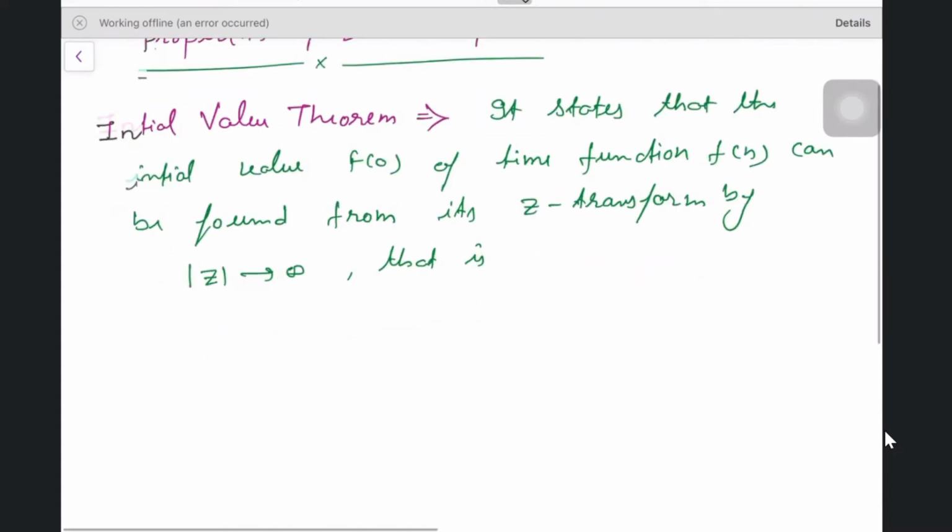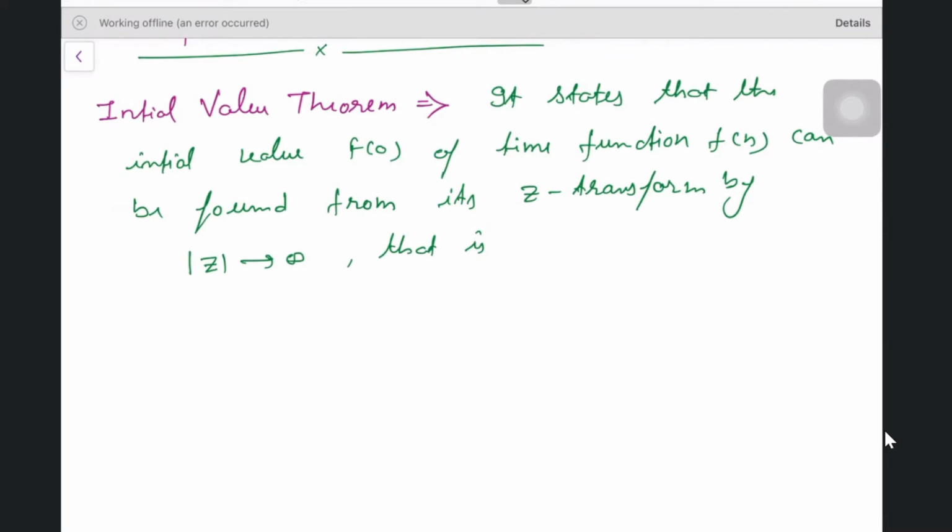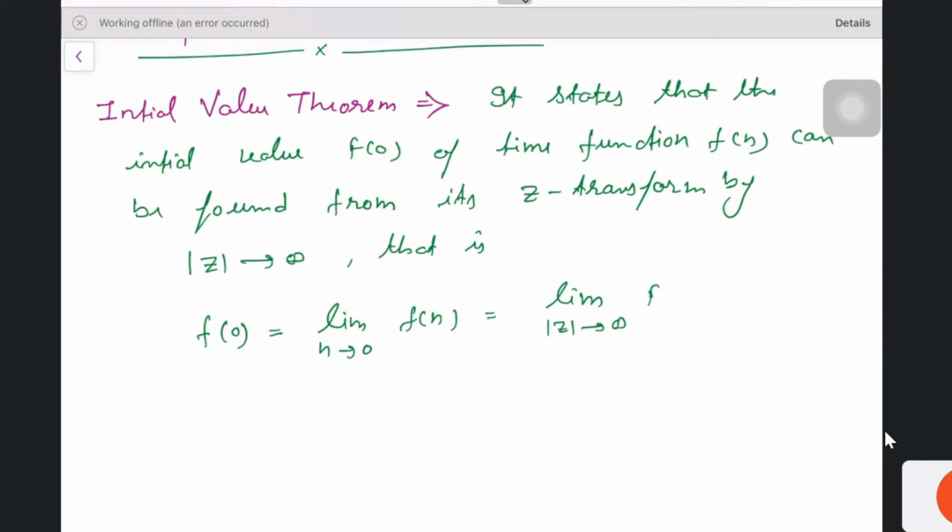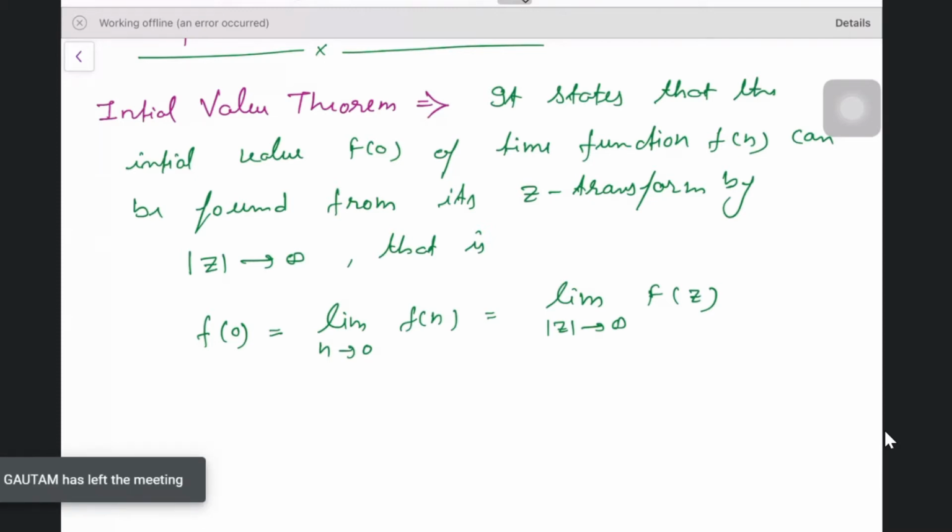In other form you can write this f of 0 is equal to limit n tends to 0 f of n, or limit mod Z tends to infinity f of Z. In this way you can calculate the initial value of any function that is given.